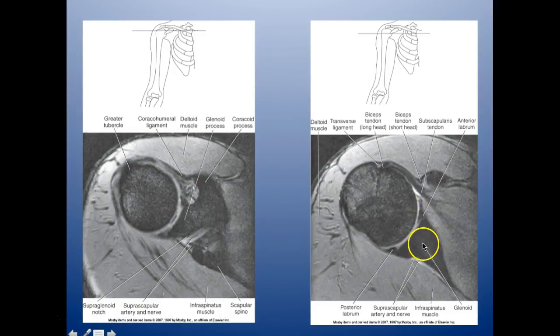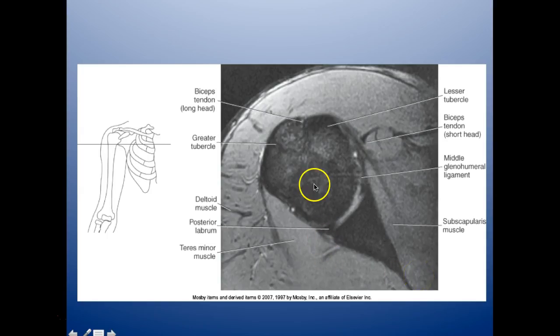This is your glenoid and your infraspinatus muscle. So your biceps tendon, lesser tubercle, and this is your biceps tendon short head actually, and we have your subscapularis muscle, your teres minor, so we're down lower, and your deltoid.